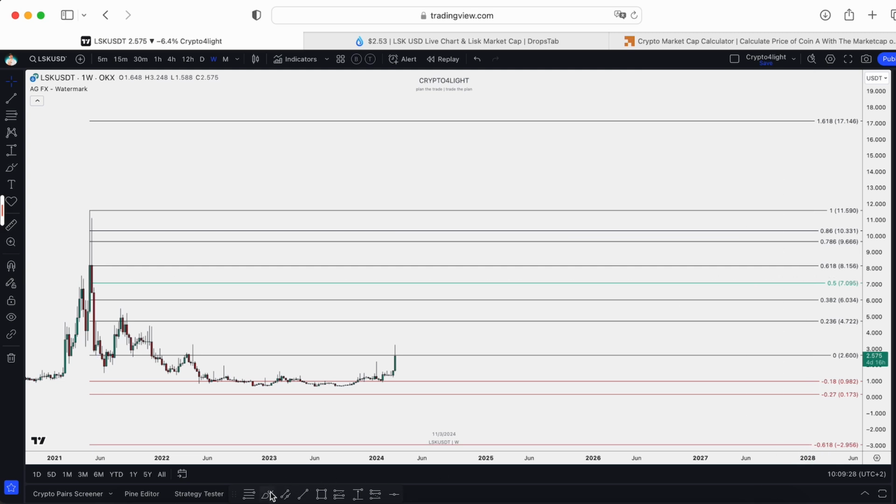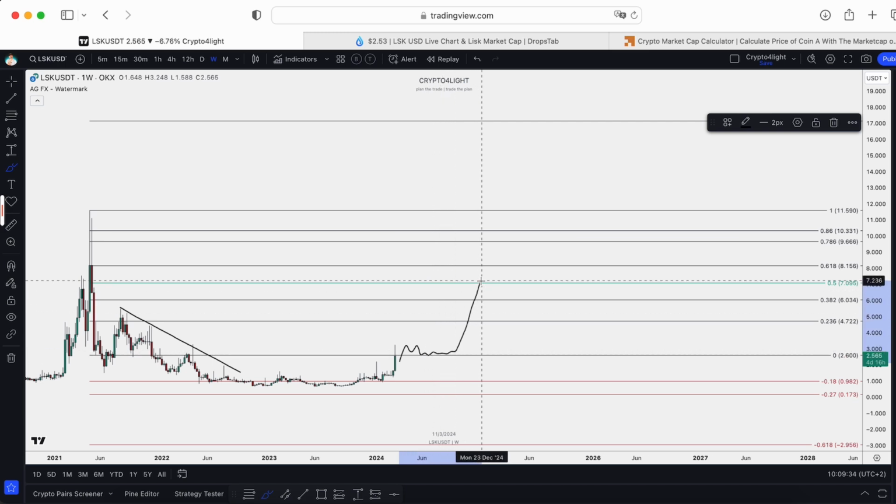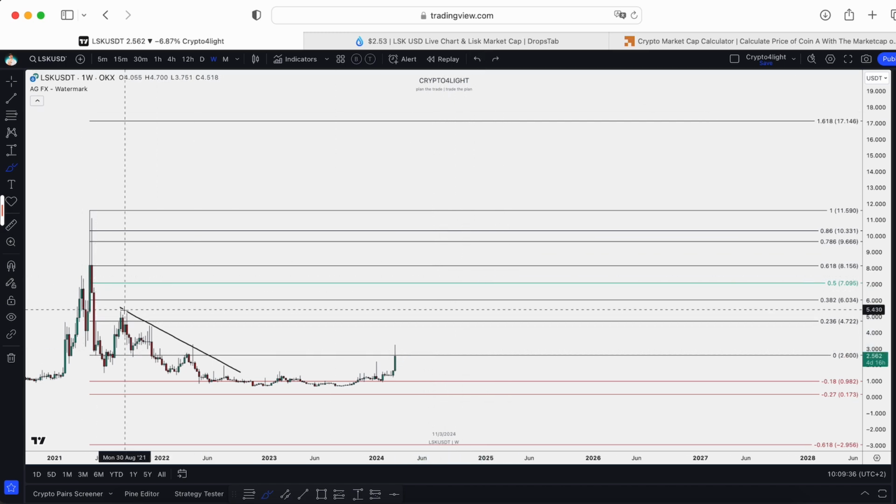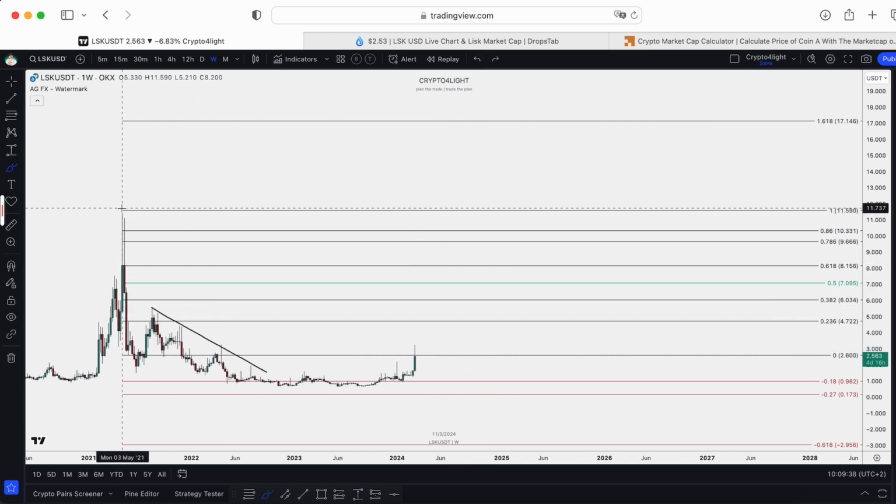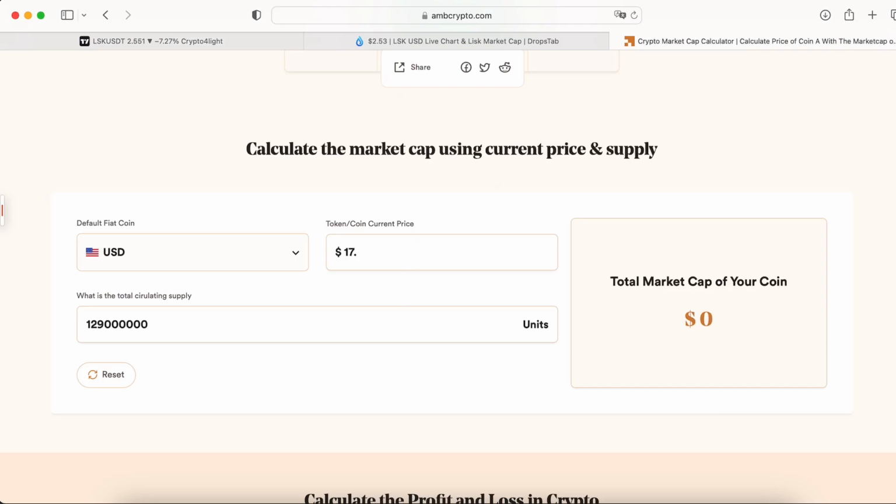And I think we will, because we got this order flow on the weekly time frame. So more likely we will trade in consolidation and continue higher, liquidating all these guys. The next step is going to be the sweep of this high, not a new all-time high, 11.59. So the next target is going to be $17.14 at a 2.2 billion market cap.